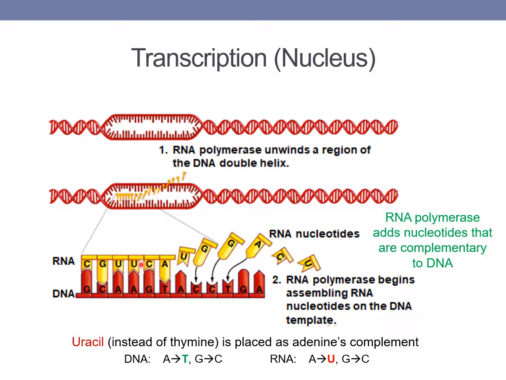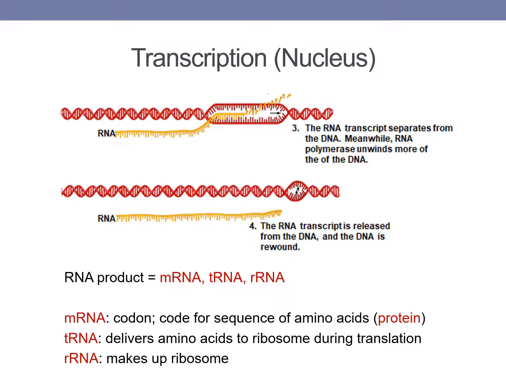And then the RNA polymerase will start adding nucleotides that are complementary to the DNA to assemble the RNA nucleotides on the DNA template to make that strand of messenger RNA, transfer RNA, or ribosomal RNA. The RNA transcript is then going to separate from the DNA.